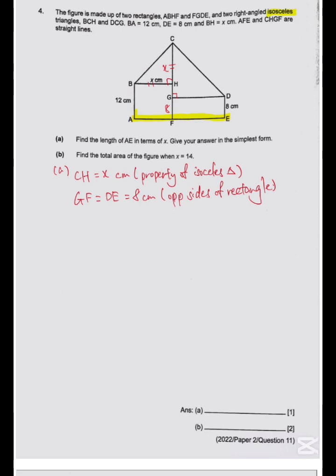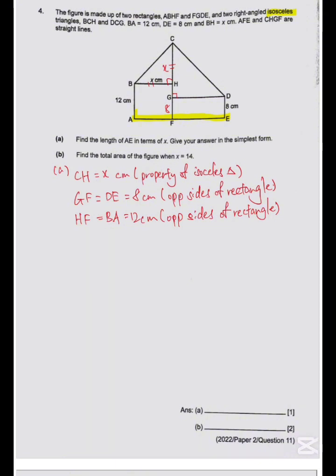Then we know that BA, okay, HF will be equal to BA equals to 12 cm. Because same, opposite sides of rectangle, right? Correct?